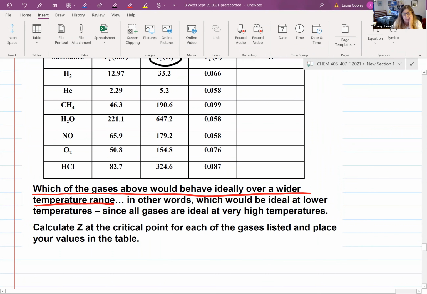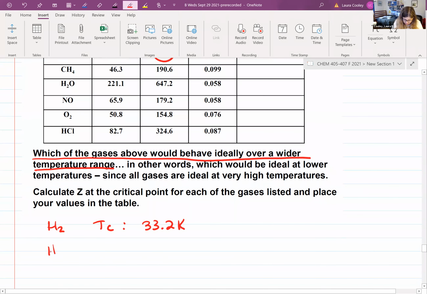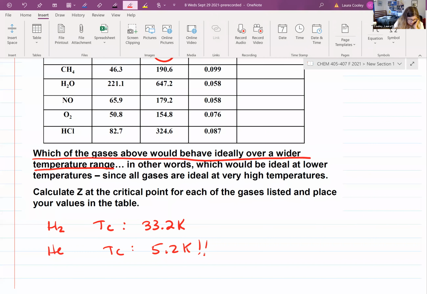So if you take a look at these two, these are the lowest ones, right? Hydrogen and helium, right? Hydrogen has a critical temperature of 33.2 Kelvin, and helium has a really hugely low critical temperature of 5.2 Kelvin. Wow. That means this gas will be ideal over a huge range, right?